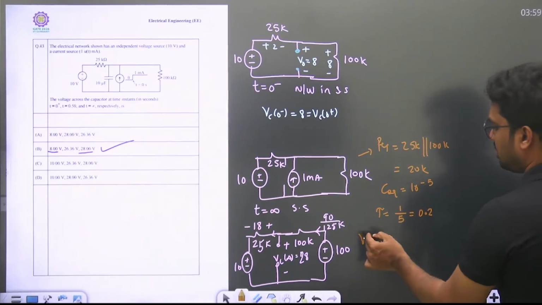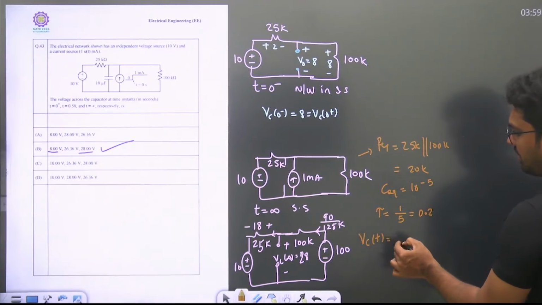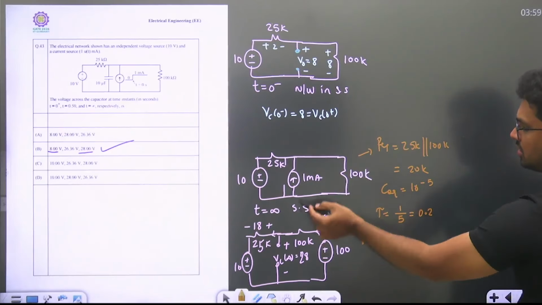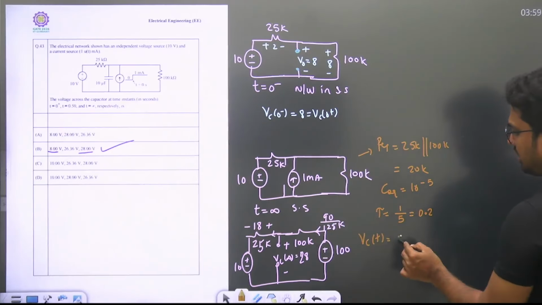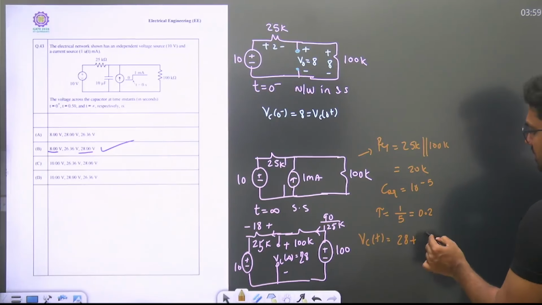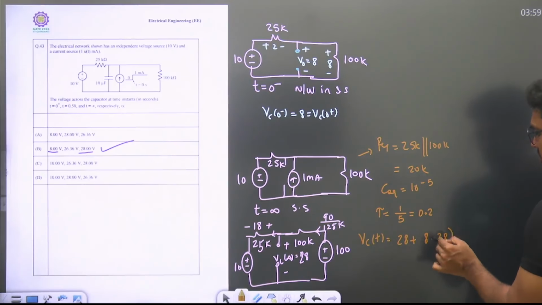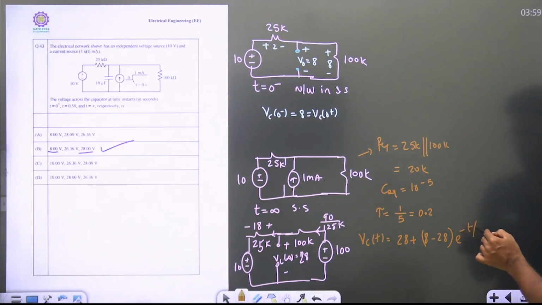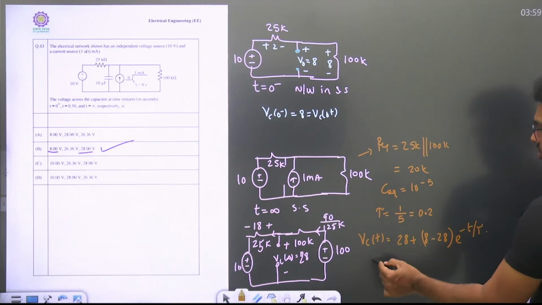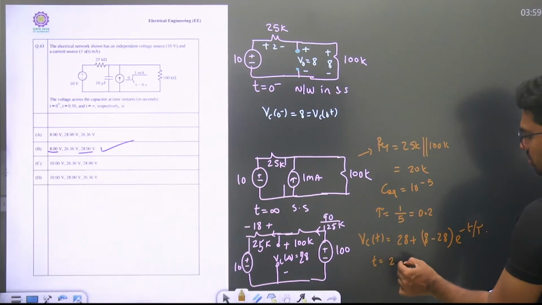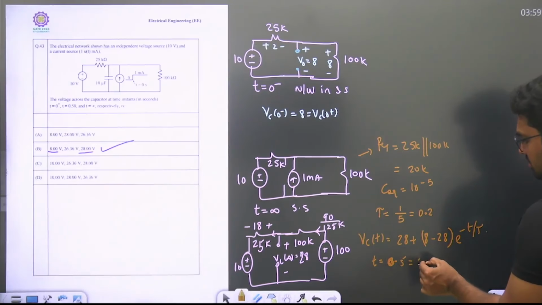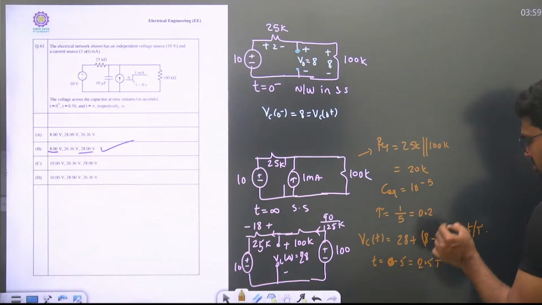Right. What is Vc of t? Formula: final value, which is 28, plus initial value minus final value, into e power minus t by tau. The examiner wants it at t equal to 0.5, which is 2.5 times tau.